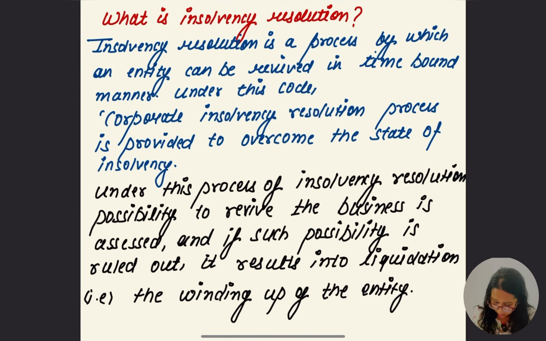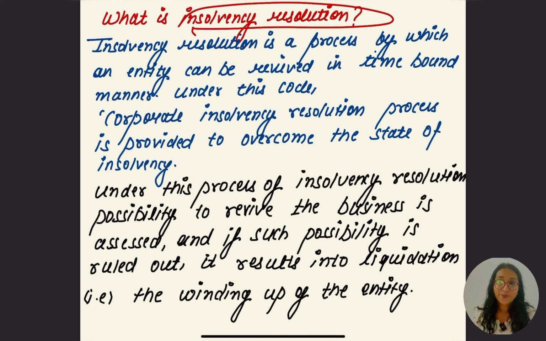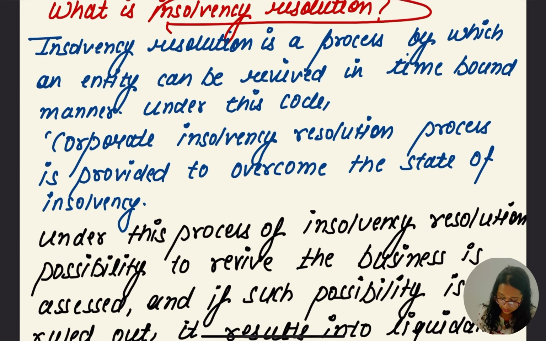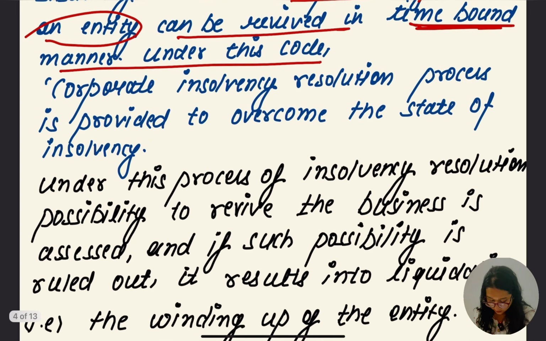Now let's check what this insolvency resolution is. Let's find out the actual meaning. Insolvency resolution is the process by which an entity can be revived in a time-bound manner under this Code.